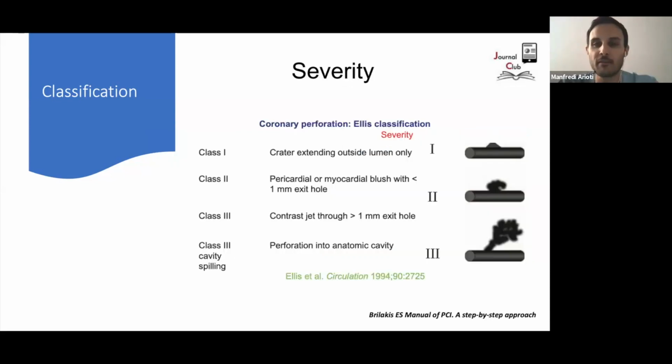Then we have a severity classification, the Ellis classification, where the clinically meaningful perforations are type 2 and type 3, while type 1 is more of a really bad dissection.